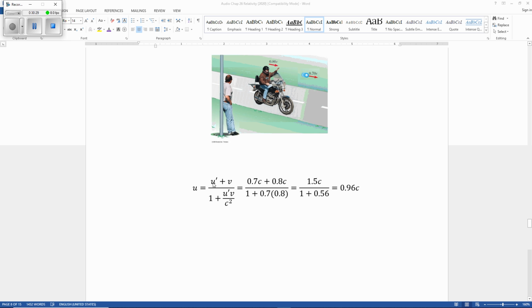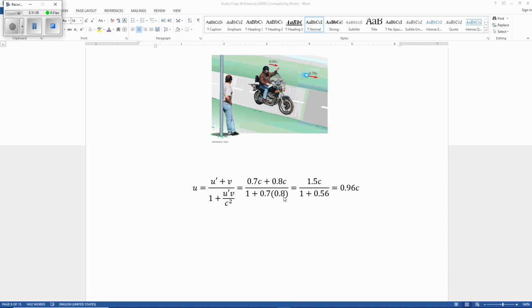So u prime equals 0.7c, the speed of the baseball relative to the motorcycle, plus the speed of the motorcycle. Then on the bottom we have 1 plus 0.7c times 0.8c. So you have c squared, and it cancels with this one. So on the bottom, 1 plus 0.7 times 0.8.